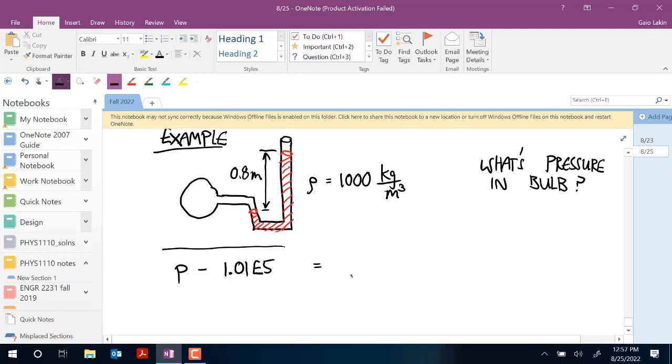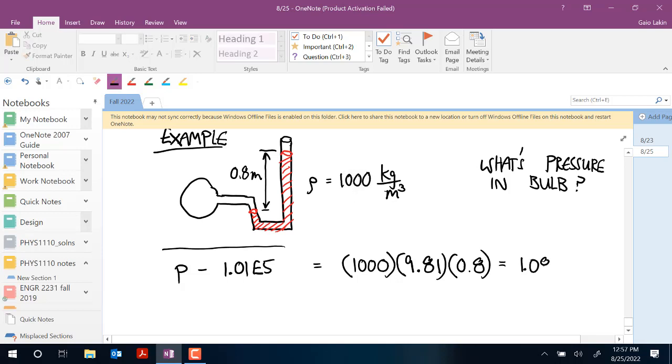We're doing everything in SI units, so I'll just leave the units off. 1,000 times the acceleration of gravity, 9.81, times the height difference, 0.8. And you get a value of 1.088 times 10 to the fifth pascals.